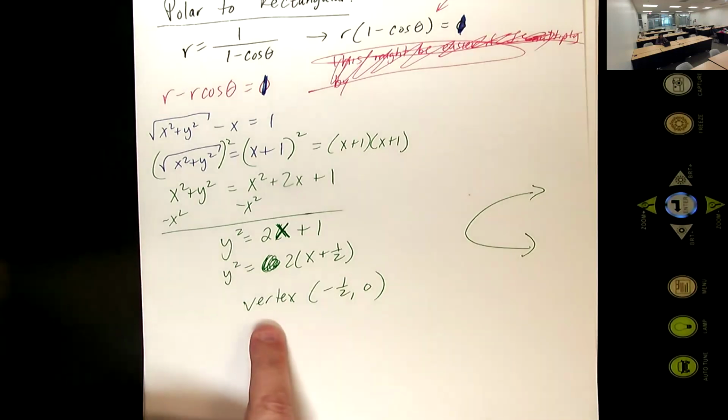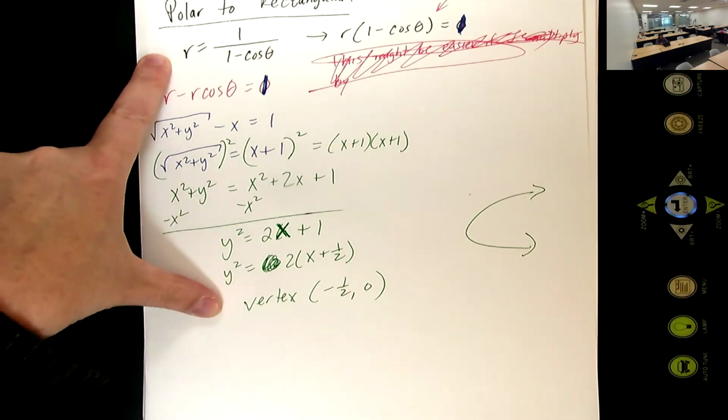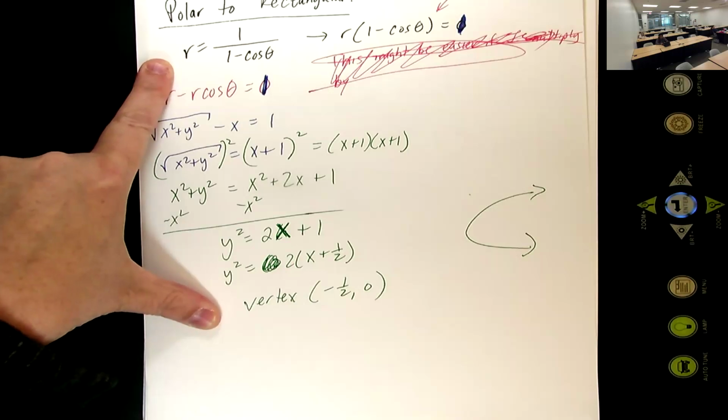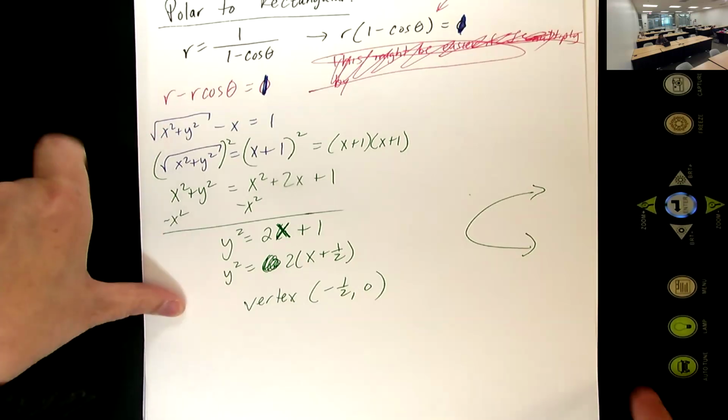Which I think is easier to graph than this. Here you gotta go through and do that whole table of thetas.